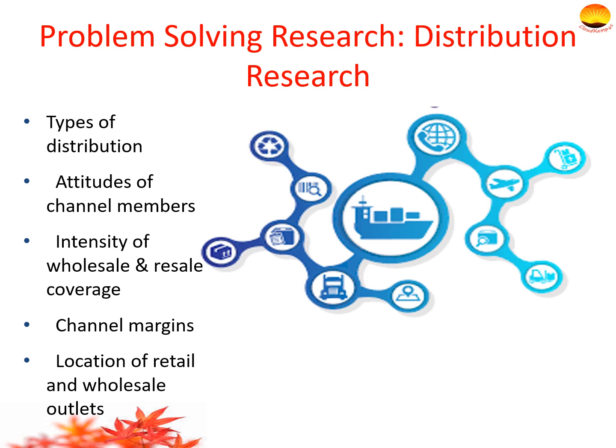Imagine one Domino's is in a residential society, another is in a huge university like any other private university in Punjab. So of course the sales will be more in a university than in a small residential colony. So location of retail and wholesale outlets also plays an important role, and therefore distribution research needs to be done.